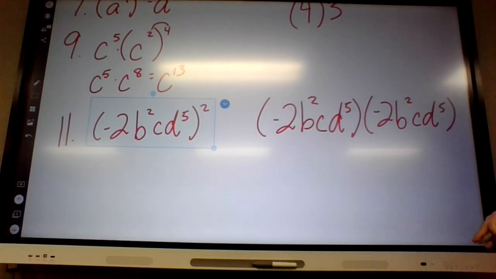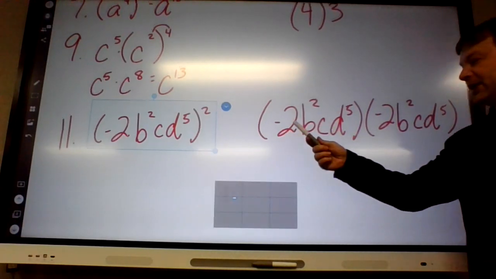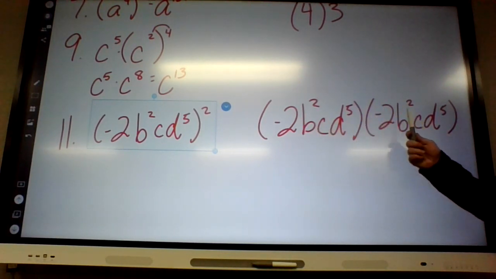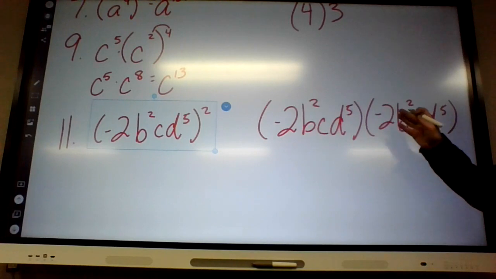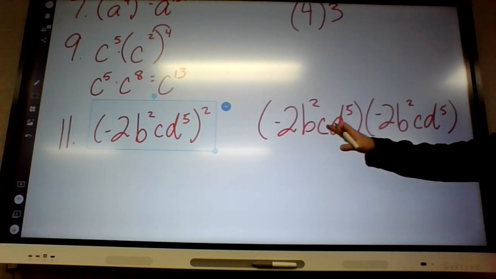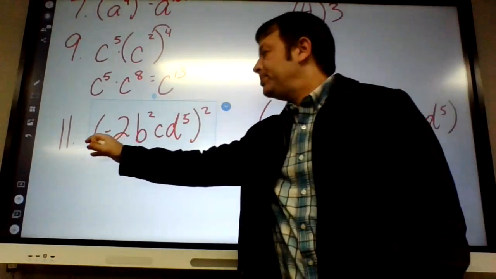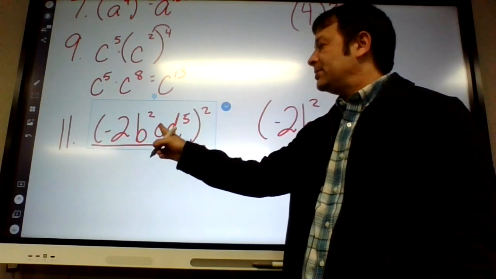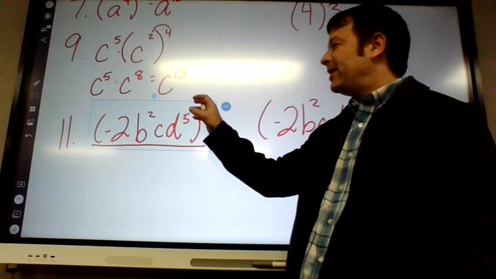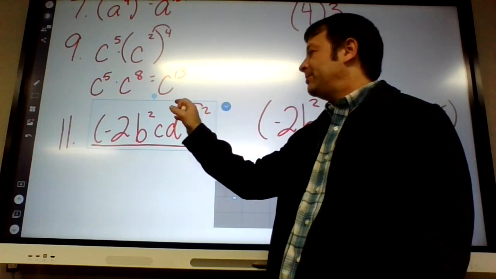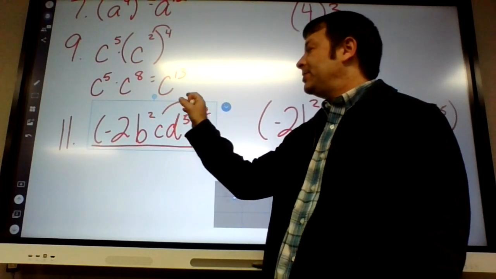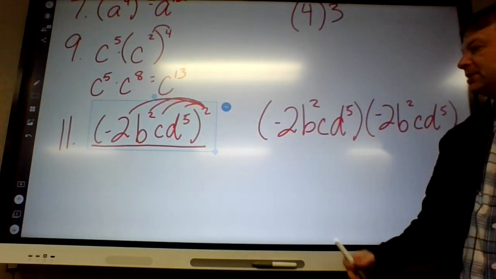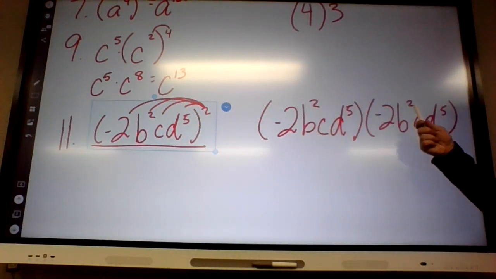So that's like negative 2 times negative 2, b squared times b squared, c times c, d to the 5th times d to the 5th. So really when you square one big term, all of these things inside are just being squared. It's not really what we call it, but it's like the distributive property. Because we're taking everything times itself.